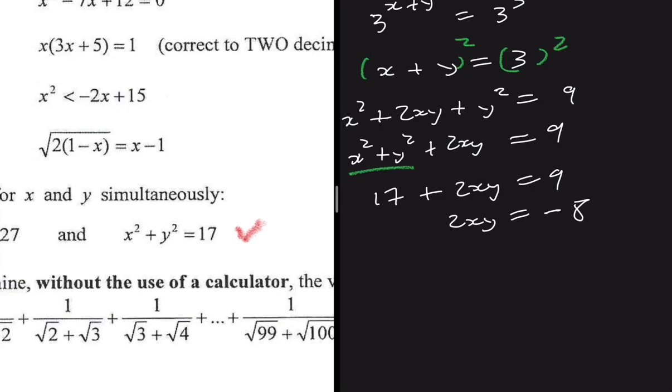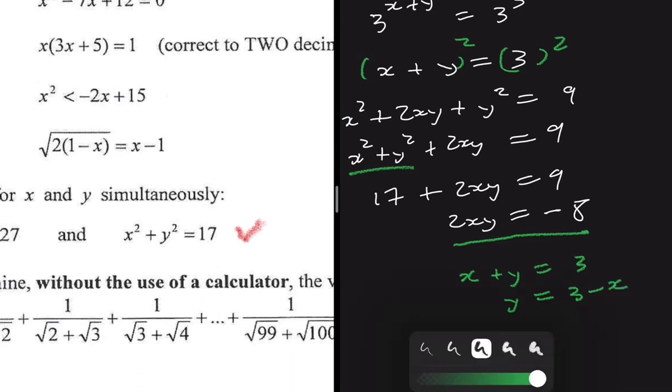So 2xy equals minus 8, right? But we know that x plus y is supposed to be equal to 3. So if we make y the subject of the formula, we can say that y equals 3 minus x, right? So let's substitute this back into this equation.